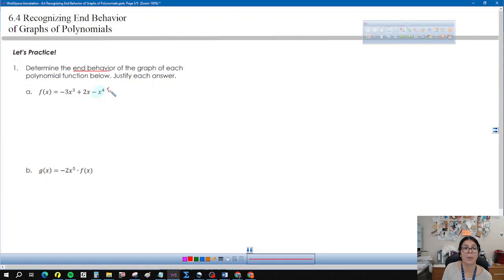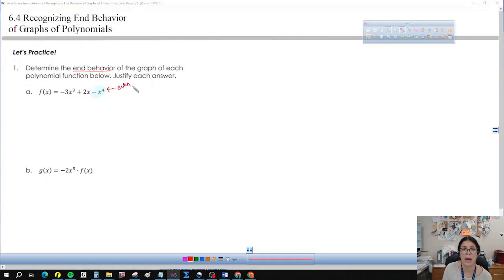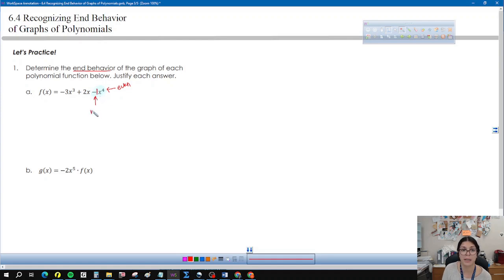Now I take a look at the power to determine even or odd. 4 is even. I look at the coefficient, the number in front, to determine positive or negative. Negative 1 is negative. So this is even and negative. Even and negative means that both ends are facing the same way, and they're both facing down. Even, both the same way, negative, down.